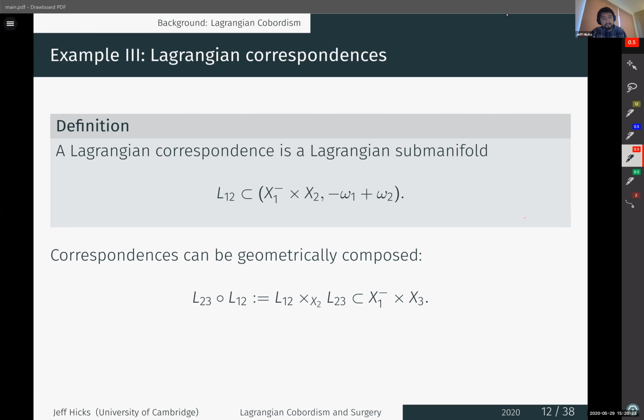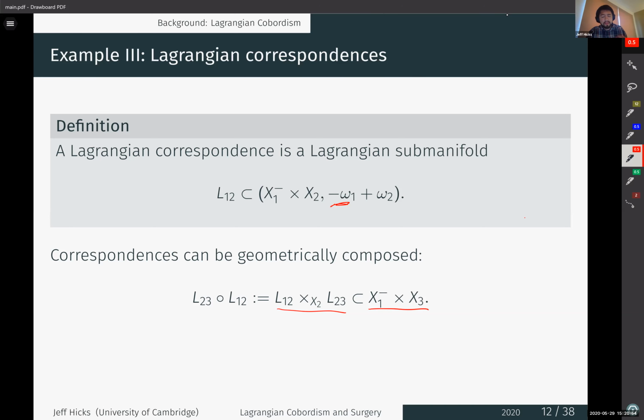A Lagrangian correspondence is a Lagrangian inside of X1 cross X2, where I equip it with a symplectic form so that I put the negative symplectic form on the first factor and the regular symplectic form on the second factor. And a nice feature about Lagrangian correspondences is that they can be composed. So given two Lagrangian correspondences, one from X1 to X2 and one from X2 to X3, I can compose them by taking a fiber product over the common X2 factor.